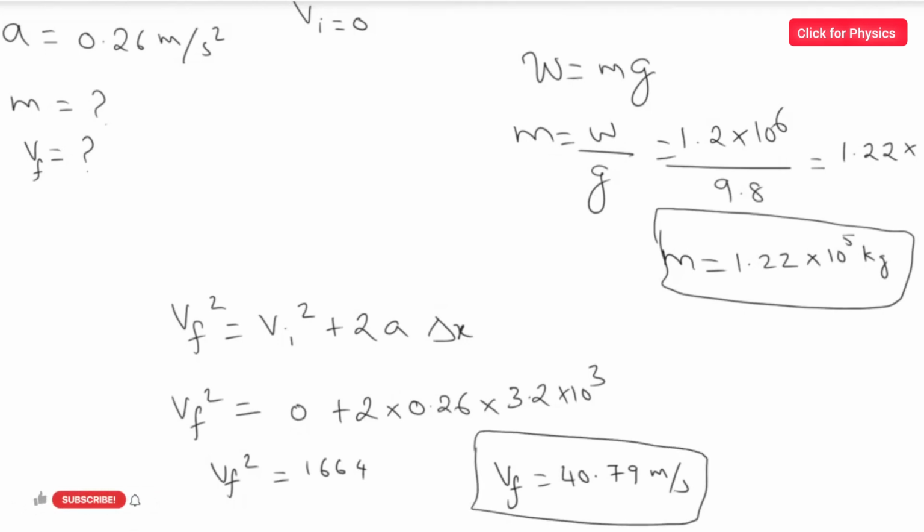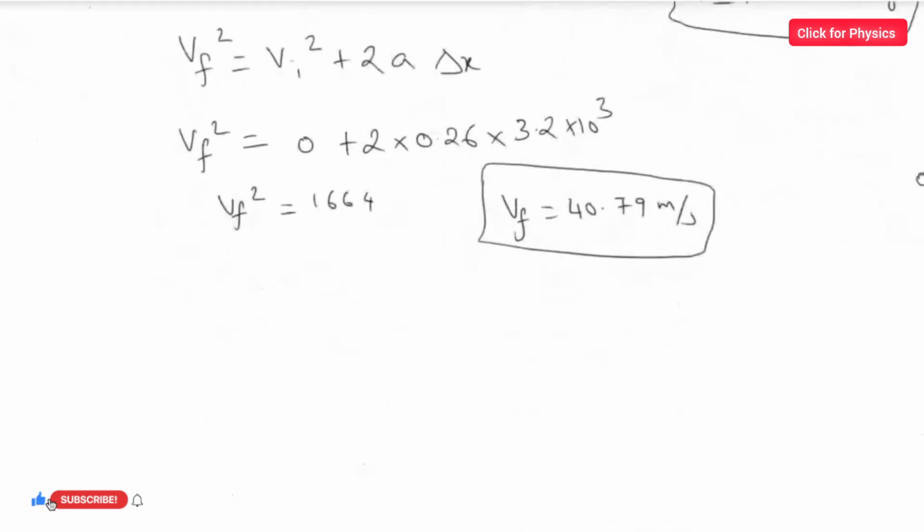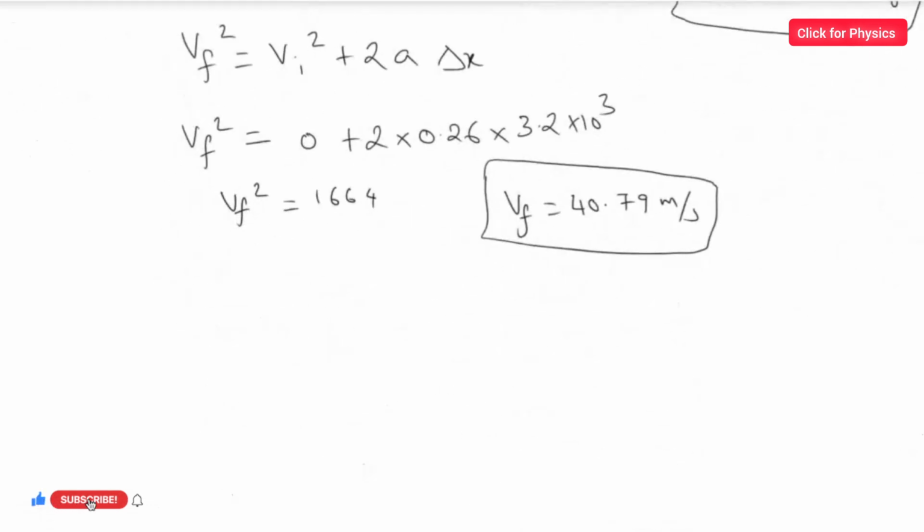Now, once we find the mass and the velocity, it is easy to find the kinetic energy of the two locomotives, because as we already wrote the formula earlier, the kinetic energy of the two locomotives is 2 multiplied by half m v final square. Now I'm going to substitute the values. The 2 cancels with the half, so we only have the mass multiplied by the speed square: 1.22 × 10^5 multiplied by 40.79 whole square.